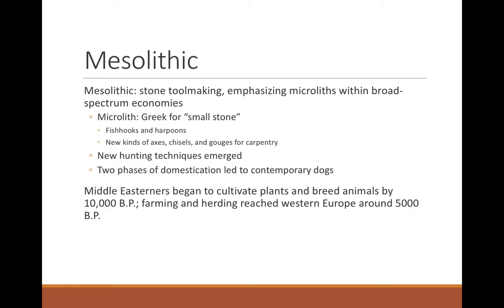And it's characterized by a particular tool type that we see emerge called microliths. Microlith is Greek for small stones. And so what we do with microliths is we take a bunch of really small points and we embed them in a shaft or something, to fashion a larger tool out of these small stone points.